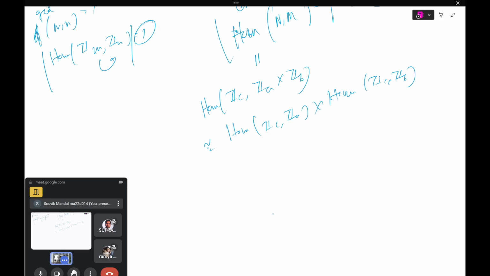Now this is a singleton set. This is also a singleton set because you have already told that GCD(B, C) is equal to 1. So this thing is equal to 1. So there is a unique homomorphism in the reverse direction also. So that's what the argument is. You understand? Yes, yes.